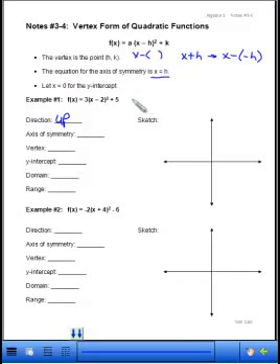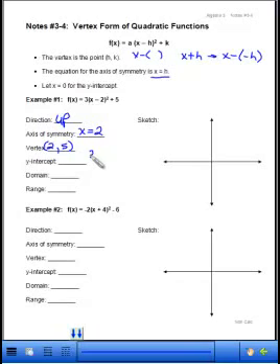Now our h, let's just read it. Let's go ahead and do our vertex. Our h is 2 and our k is 5. So that's our vertex. And the axis of symmetry is x equals h, so that's x equals 2. For the y-intercept, you have to make x equal 0.